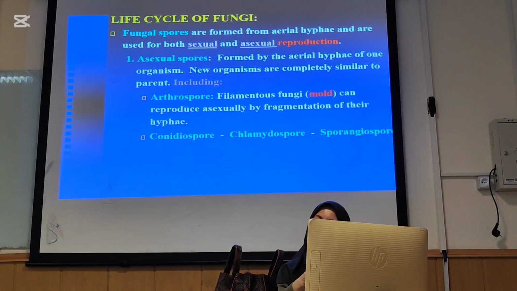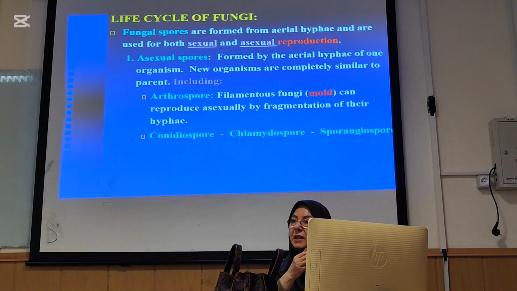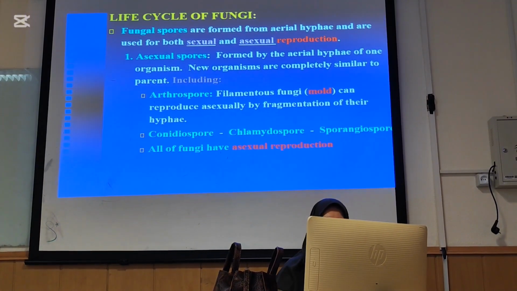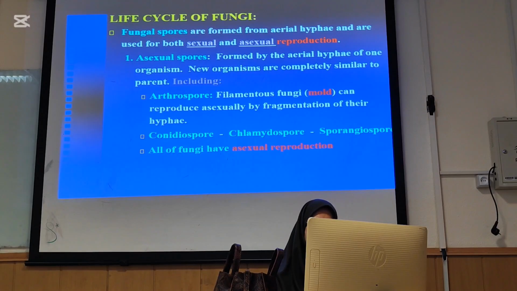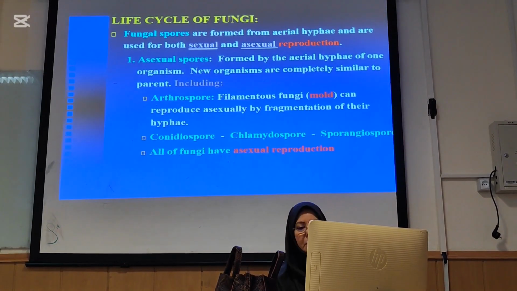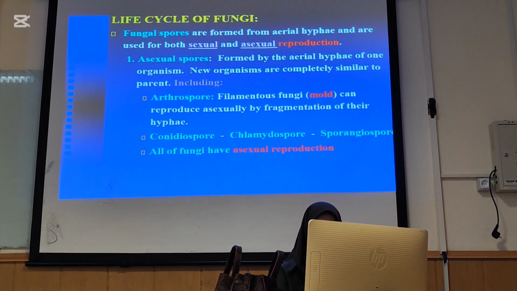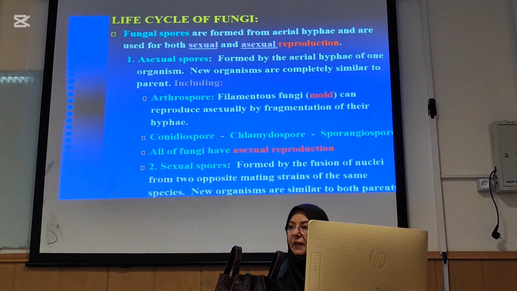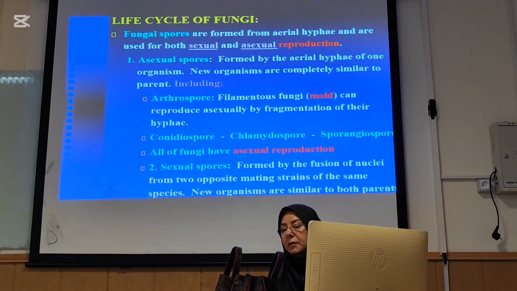So these arthrospores, after fragmentation, can separate from the end of one filament. The shape of arthrospore is rectangular, and the other forms of asexual spores I also told you are conidiospore, chlamydospore, and sporangiospore. All fungi have asexual reproduction, but some of them have sexual reproduction.